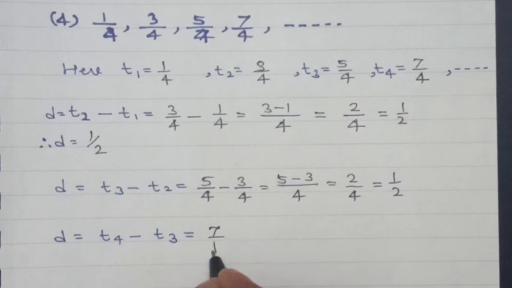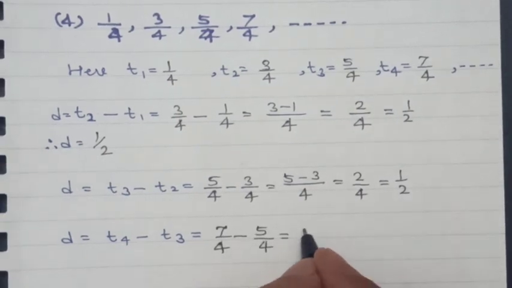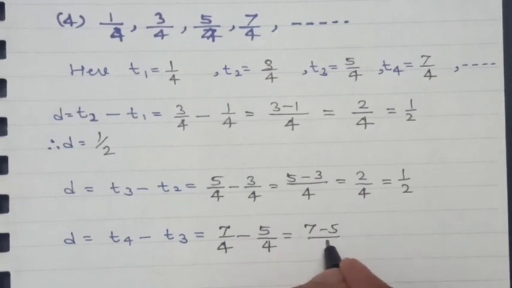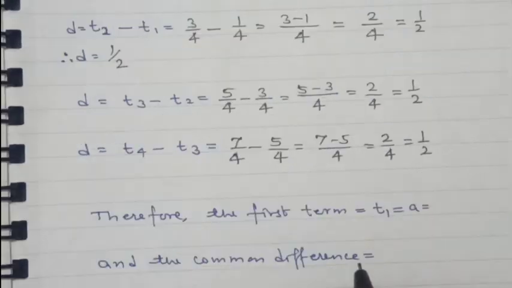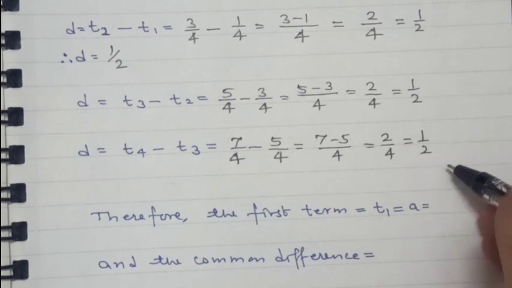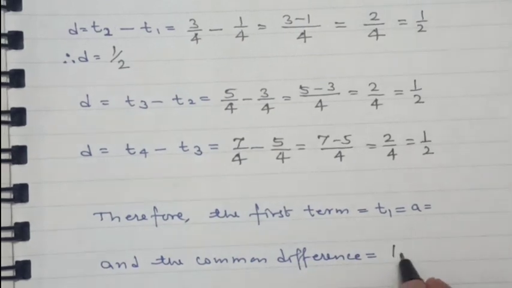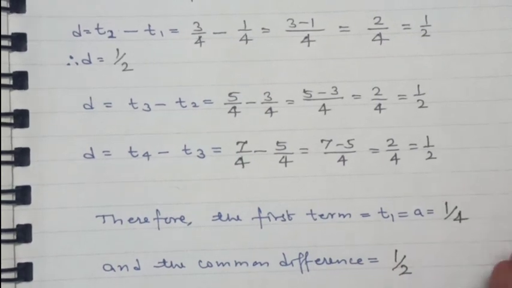T4 is 7 upon 4 minus 5 upon 4, which is equal to 7 minus 5 upon 4, which is equal to 2 upon 4, gives you 1 upon 2. Everywhere you are getting 1 upon 2. So common difference is 1 upon 2, whereas first term is 1 upon 4.